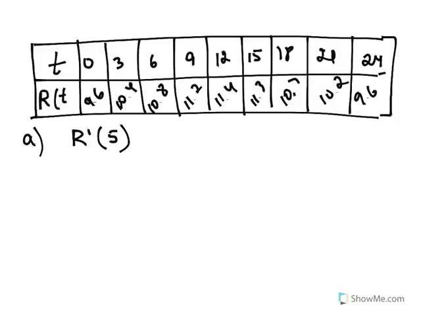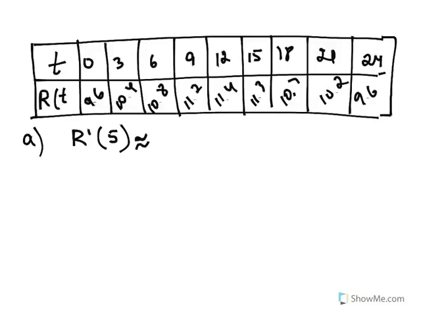Now, since we don't have a function, we can't really find a derivative and then plug in the value of 5. We only have this table. So in order to find the derivative, we can simply find the slope of the secant line. In this case, I don't want to use an equal sign, so it's approximately.